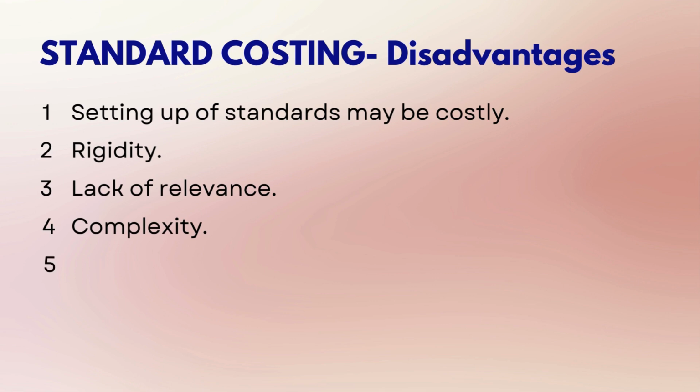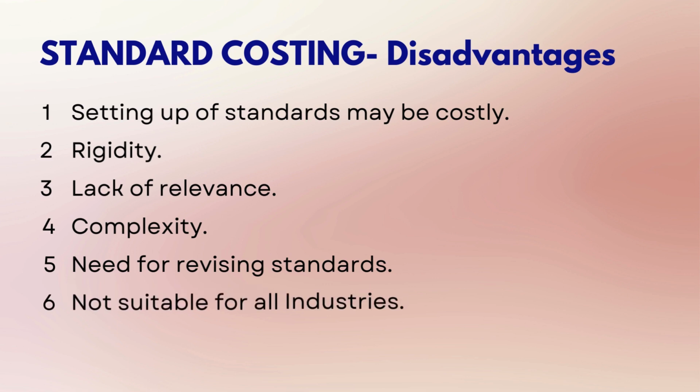Need for revising standards. Standards once established are required to be reviewed from time to time due to changes in technology, marketing conditions, consumer behavior, etc., calling for revision in standards. 6. Not suitable for all industries. Standard costing is generally suitable for those companies in which production is uniform and the products are of standard quality.